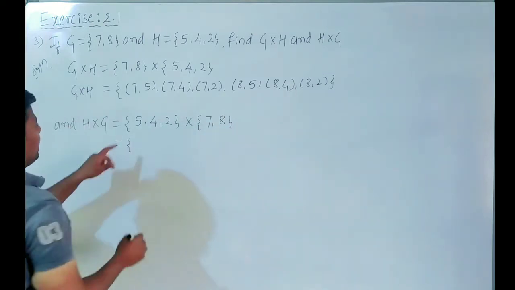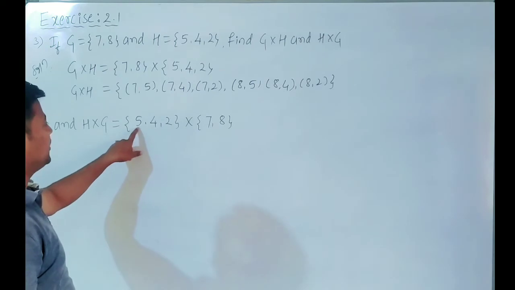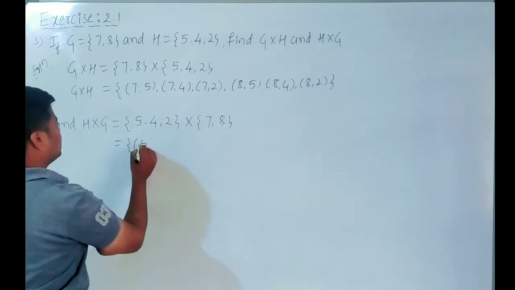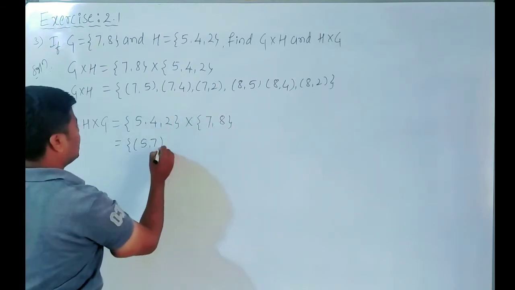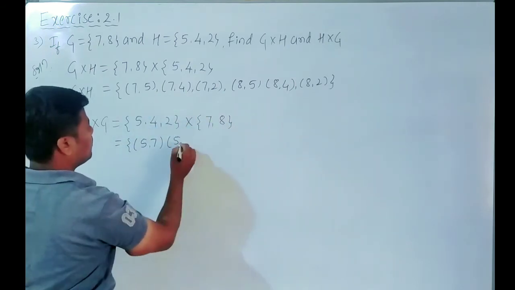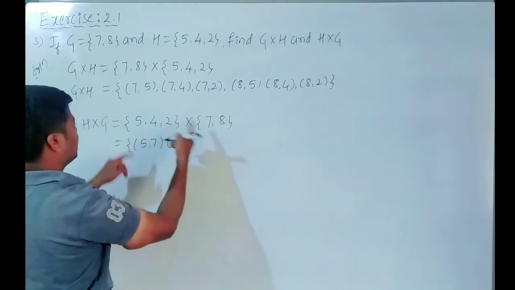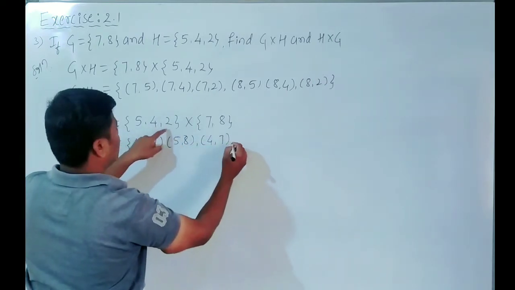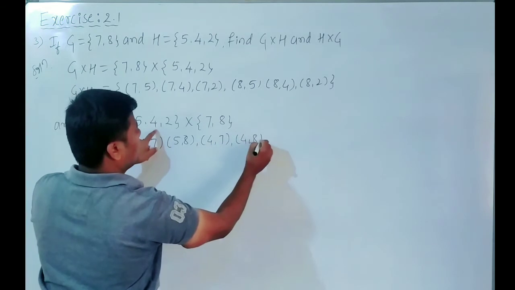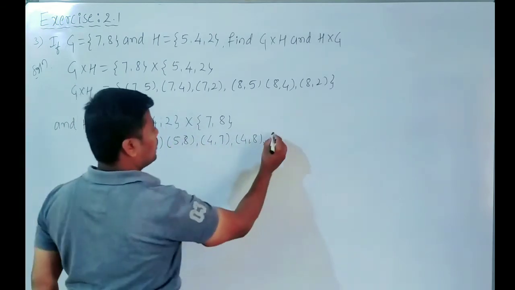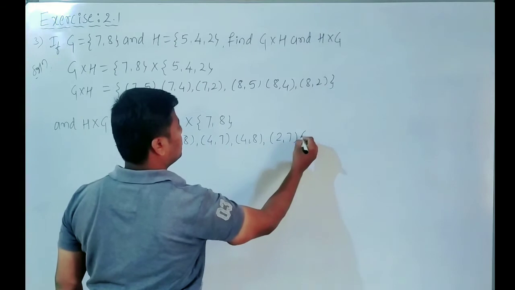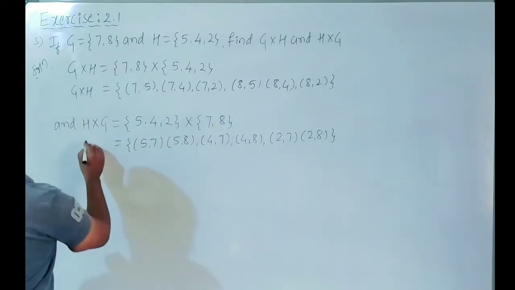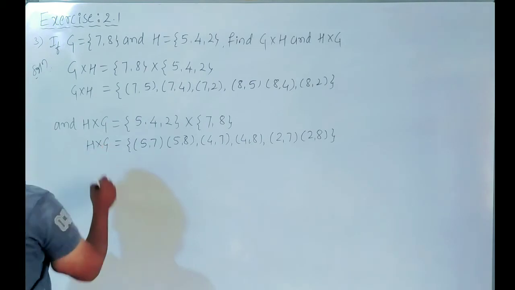Fix 5 in the first set and map it to the elements on this side. 5 fixed: 5 7, 5 8. Complete. Next go for 4: 4 7, 4 8. Next, 2 7, 2 8. So this is H cross G.